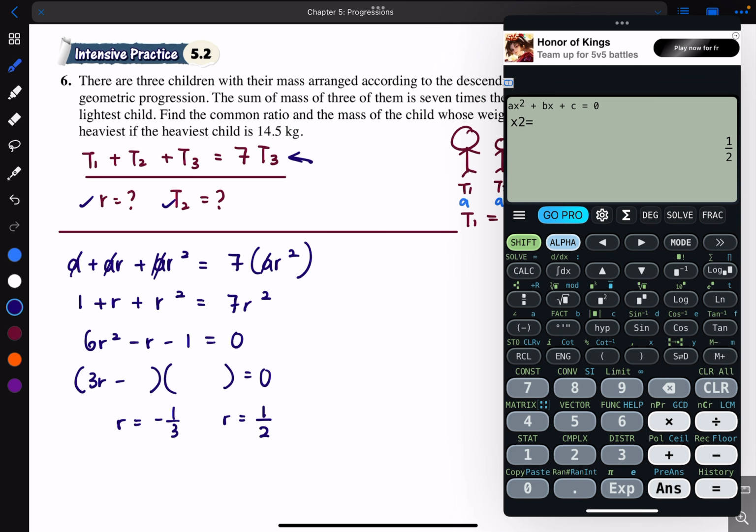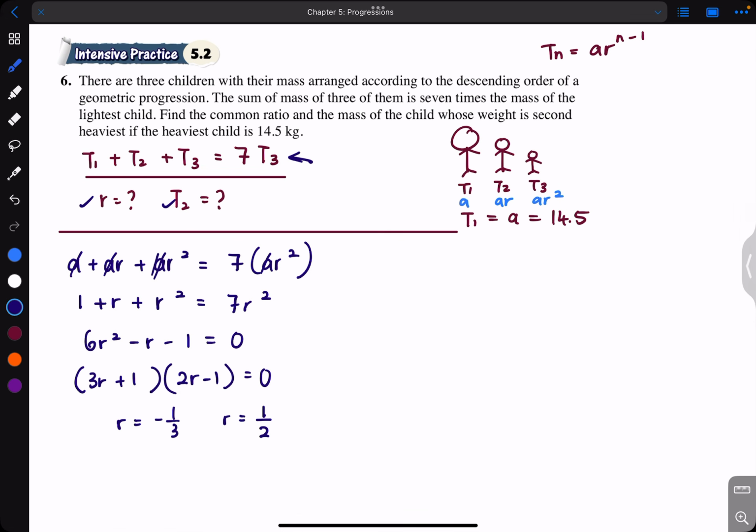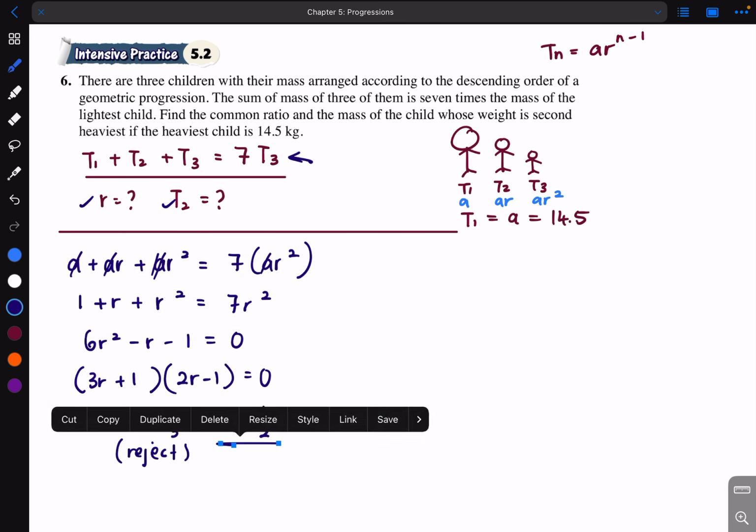So here it will be 3R plus 1, 2R minus 1. Now we know that masses cannot take negative values. If R is negative, then the terms are going to be negative. So we have to reject this because masses cannot be negative. So R is 1 over 2.